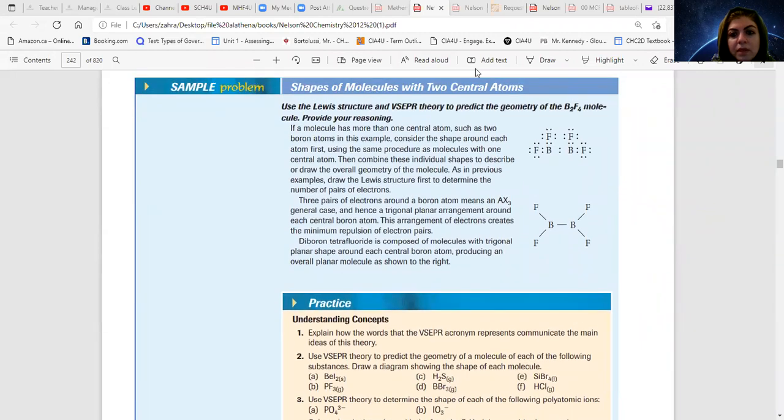B2F4. B has 3 electrons: 1, 2, 3. And here we have another B: 1, 2, 3. Between them will be a bond, and I have 1 F here: 1, 2, 3, 4, 5, 6, 7, right?